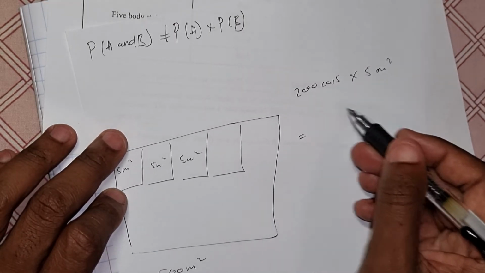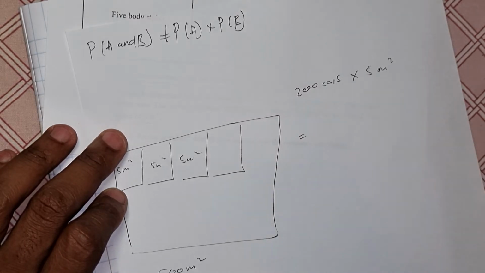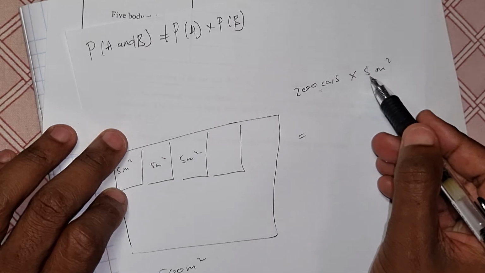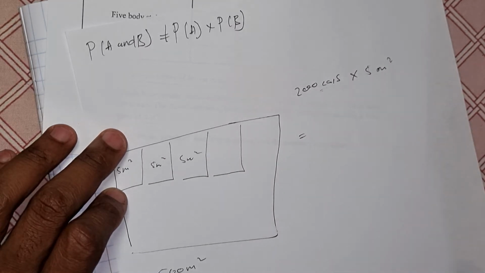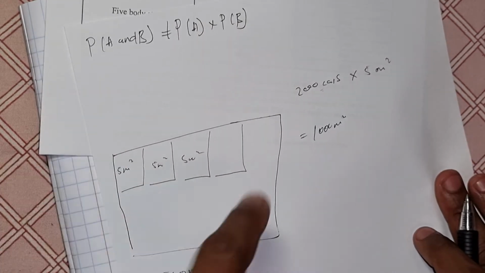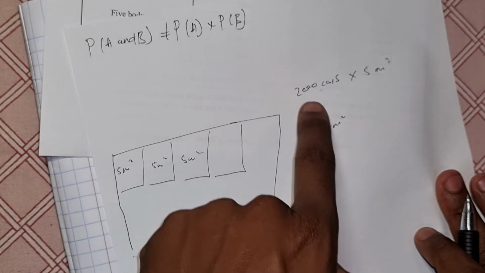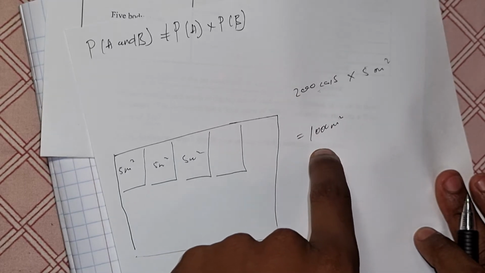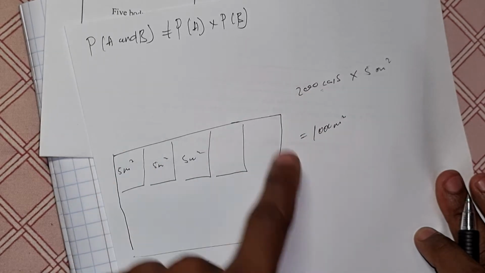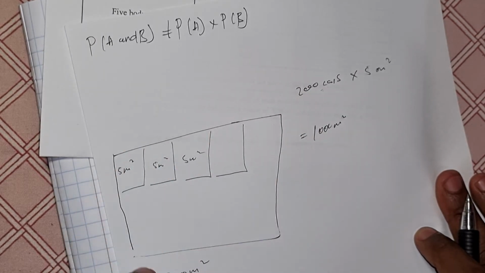Now what is the area that will be covered by 200 cars? If one car occupies an area of 5 meters, we say 200 multiplied by 5, we get 1000 meters squared, meaning 200 cars need 1000 meters squared, so 200 cars wouldn't be able to fit in this showroom.